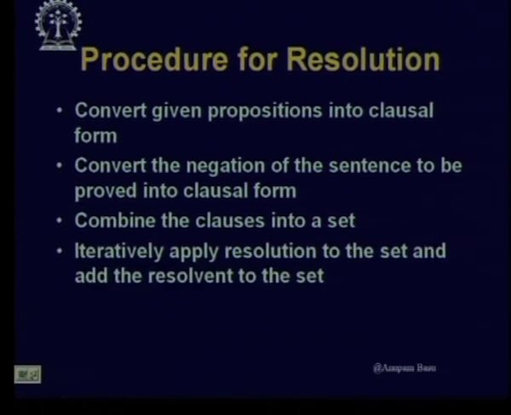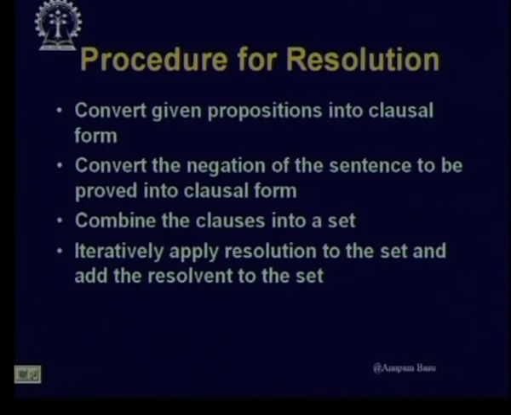and then iteratively apply resolution to the set. One of the candidates that we start with is the clausal form of the negation of the goal that I want to disprove. So, I take that one and take a suitable clause from the remaining clauses in the set and try to resolve them. If the resolution is possible, then through this resolution I will get a new clause.